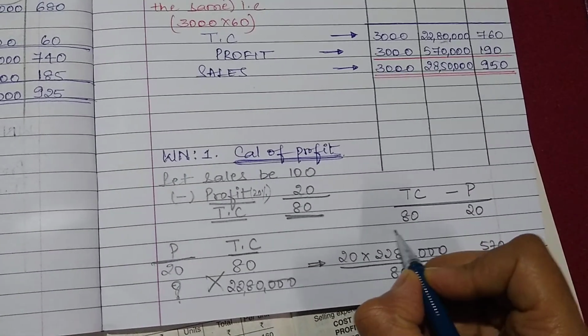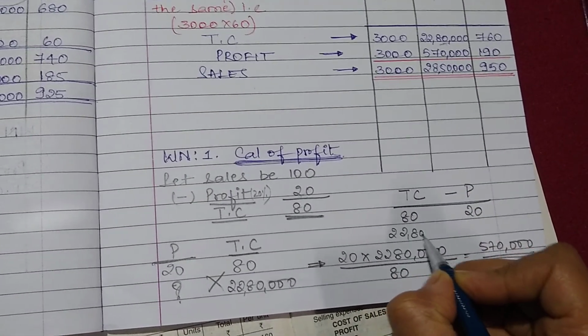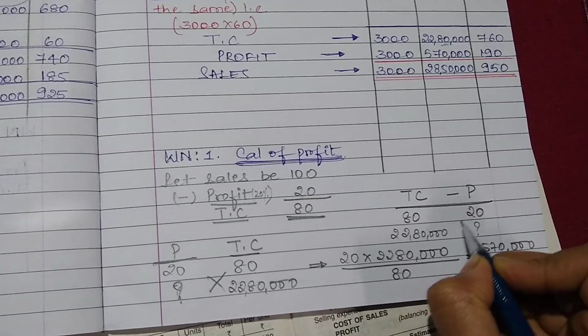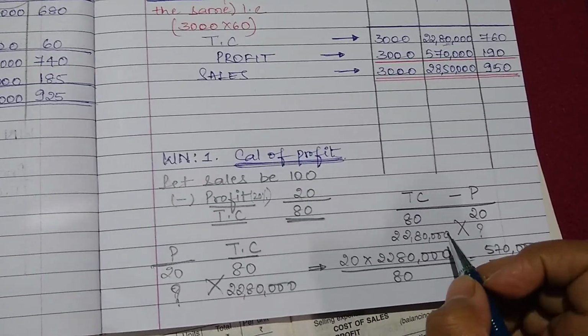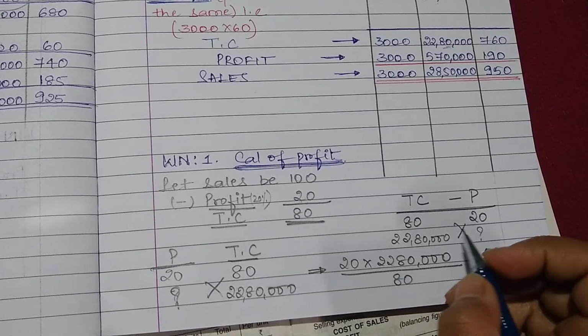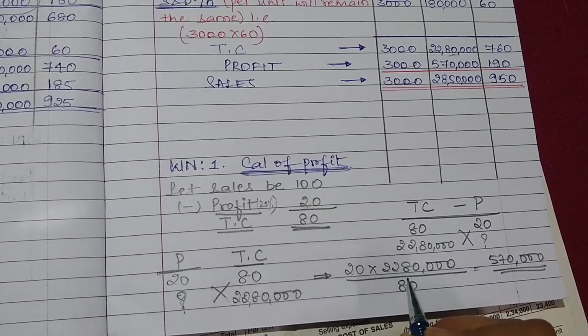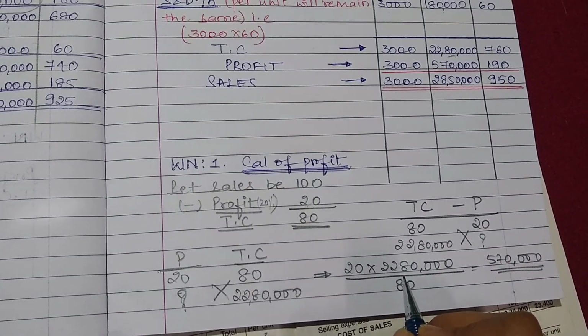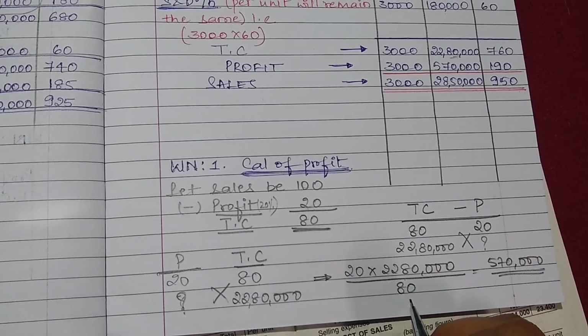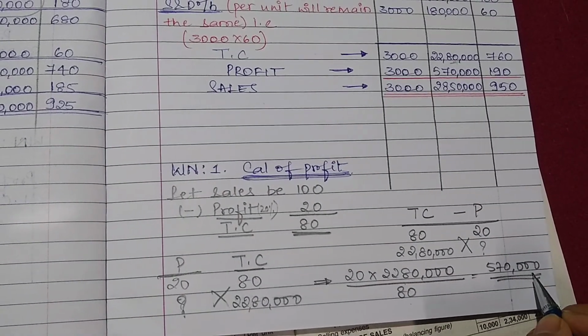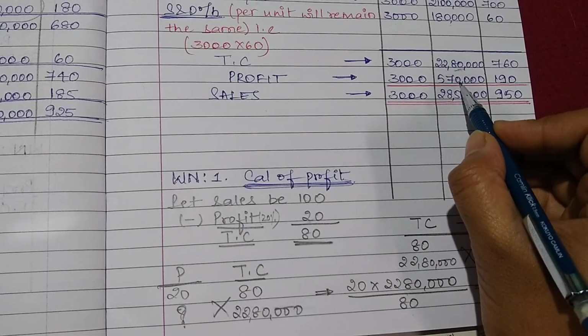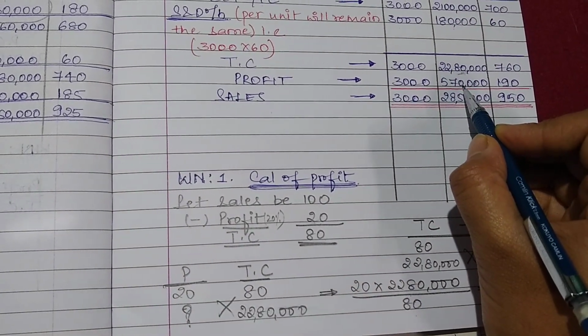So when your total cost is 22,80,000, then what is your profit? You will cross multiply: 20 into 22,80,000 divided by 80, you will have 5,70,000. So 5,70,000 is your profit.